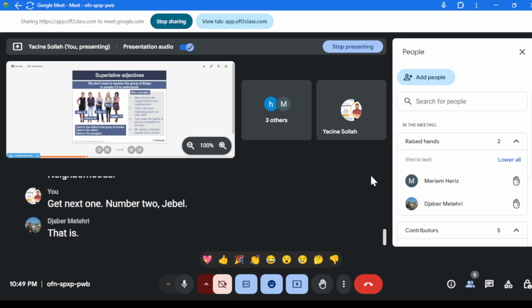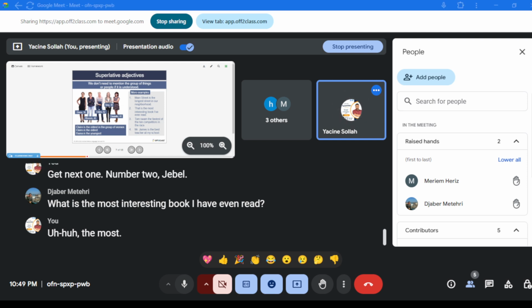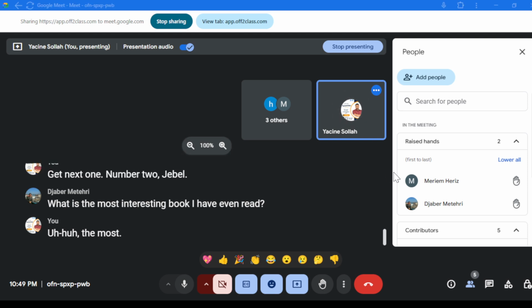That is the most interesting book I have ever read. The most interesting book I've ever read. Yes, thank you. I've ever read. Right, that's the past participle. Right, present perfect.